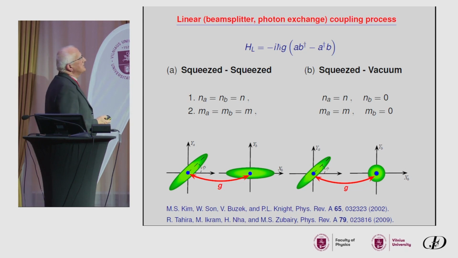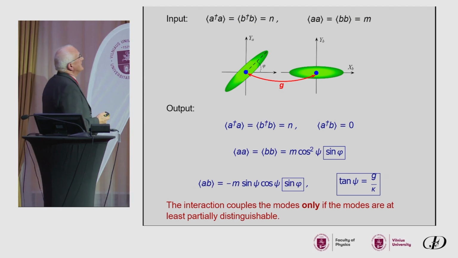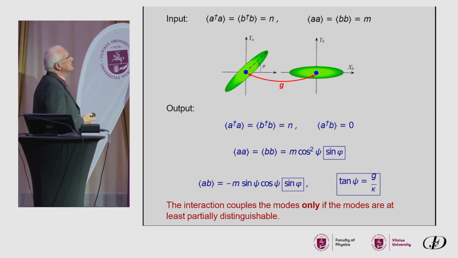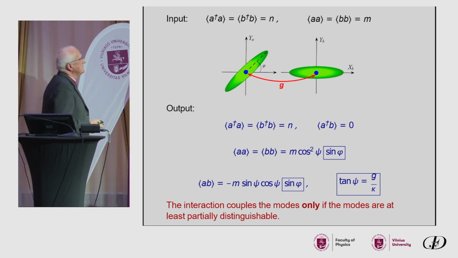Now, first with linear coupling, okay? With linear coupling. Look at the first situation, where we have, as an input, two modes which have the same number of photons. The correlations are to the same degree. What is the output?